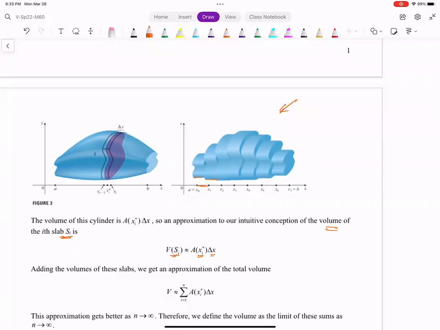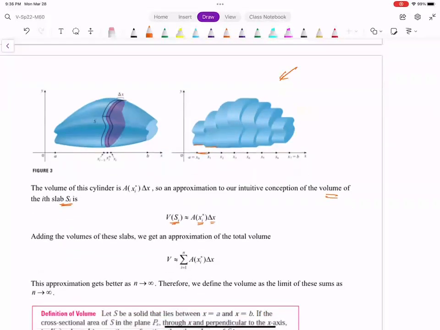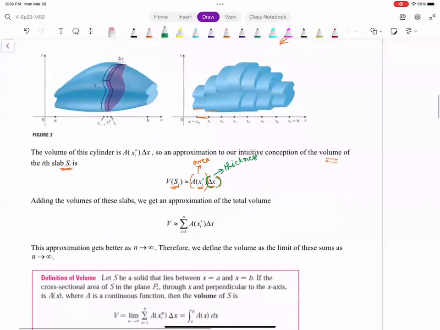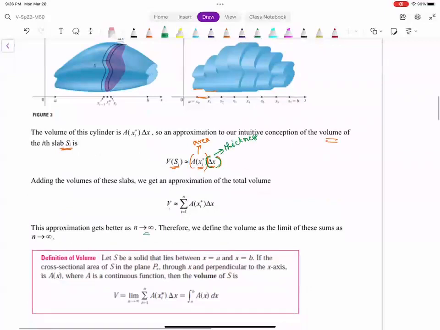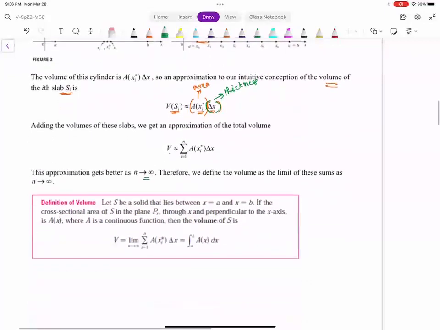So the volume of the slab Si is A of xi star times delta x, where A of xi star is the base area and delta x is the thickness. We do this for every slab, and the volume will be approximately equal to the sum of A of xi star times delta x, i varying from 1 to n, and we will allow n to approach infinity.